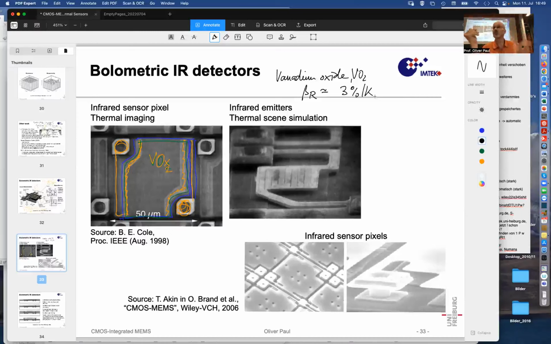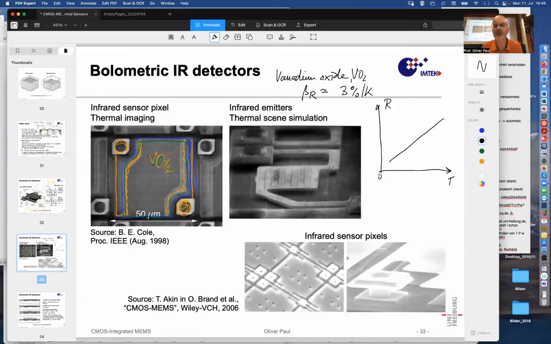That's huge. Usual metals, if I draw the resistance of a usual metal like platinum, gold, aluminum, simple metals, as a function of T, what will I see? I will see a curve that is essentially linear. Small deviations are possible, but let's say the first look will say, oh, this is quite linear.